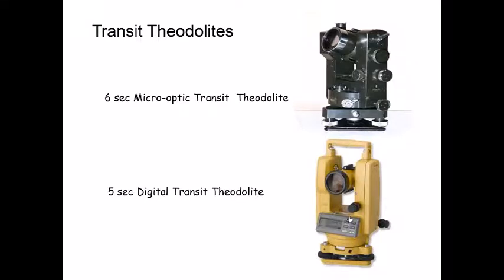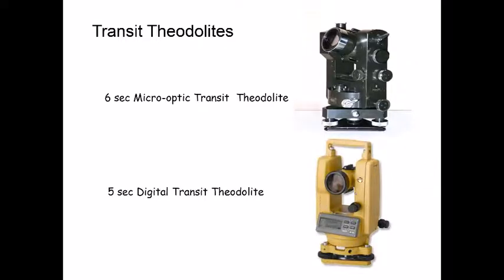So you can view the objects which are above or below the height of the instrument. And if you can rotate this telescope through 360 degrees, then it's called a transit theodolite. If you cannot rotate the telescope through 360 degrees, it's called a non-transit theodolite, because the telescope has some limitation to the extent it can be revolved about the horizontal axis in a vertical plane.